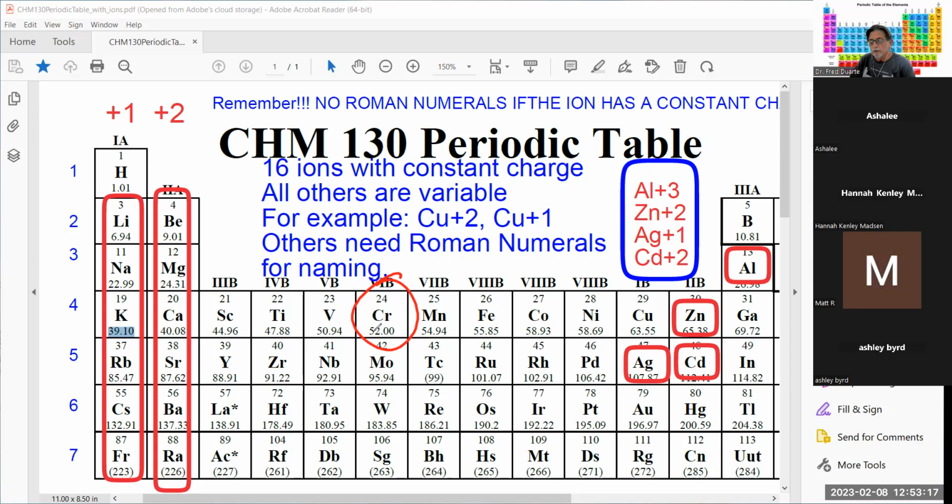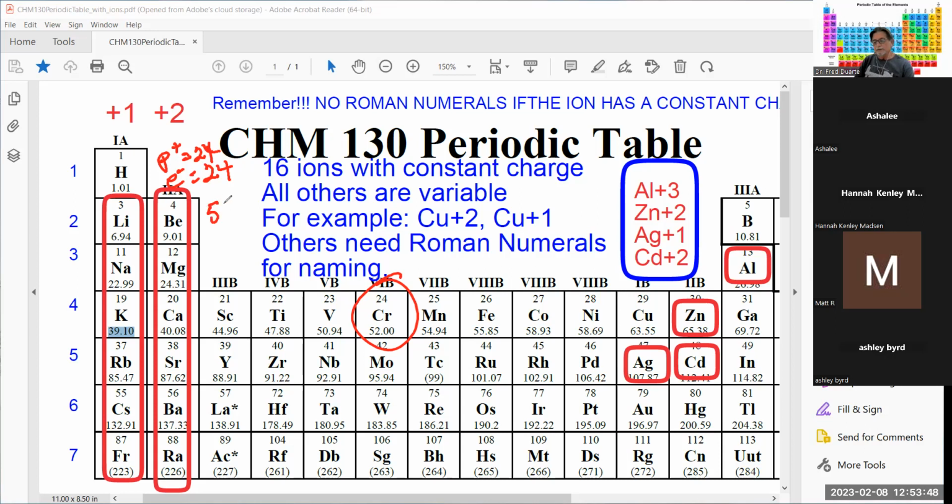Okay, we're looking at chrome, and so protons is 24 for chrome. Okay, what about electrons? 24, you got it. Okay, remember, and what is the most common isotope of chrome? That's 52. There you go.